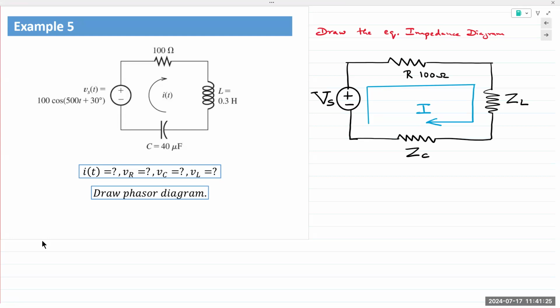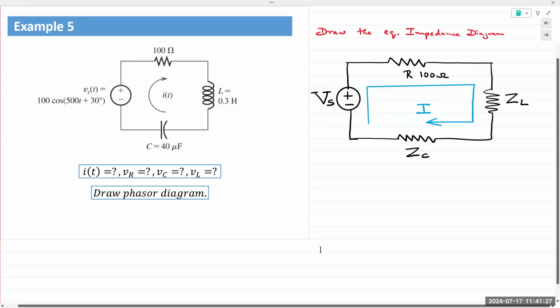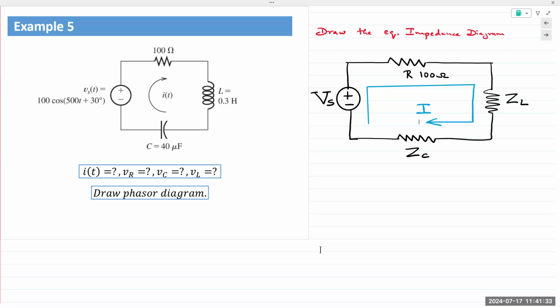What this does is it allows us to visualize the circuit as it is from chapters 1 and 2. So what techniques would you use if this was a DC circuit from chapters 1 and 2? What technique would come to mind first?